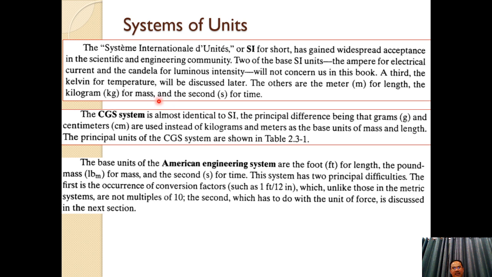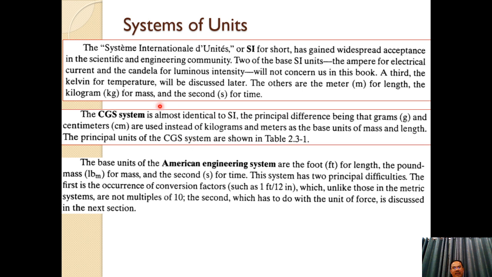And the last one is time. SI is second, CGS is second, and the American engineering system is also second. So SI, CGS, and American engineering units have the same unit of time, but differ in mass and length.